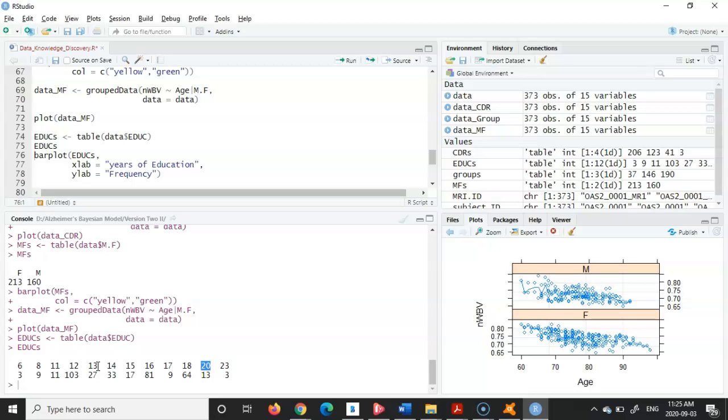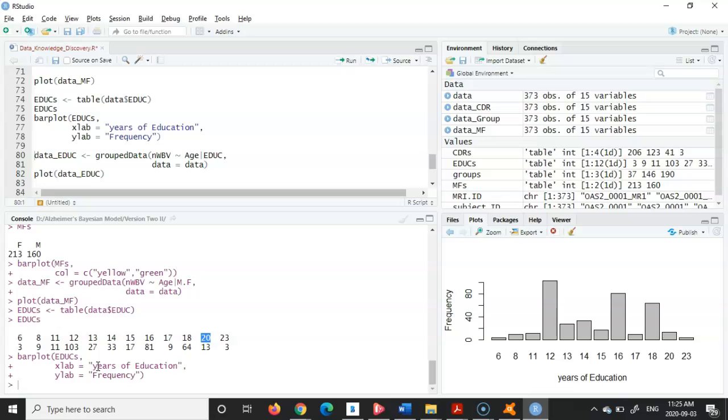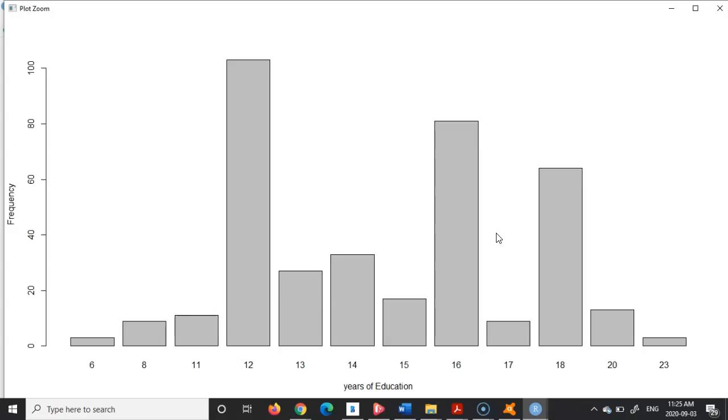And now I'm just going to visualize it to see the number of years that the participants in our study have spent at school. For example, you see that the highest one is for the people who have the high school diploma, which means that they have 12 years of study at school, and the lowest ones are for the people with 6 years of school or less, and also people who have obtained a high advanced diploma.